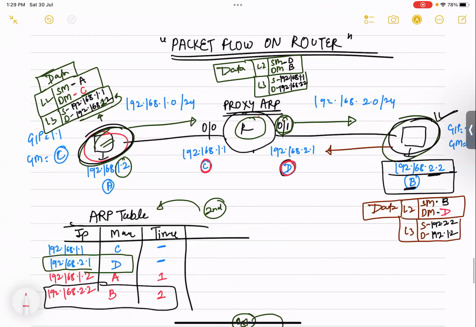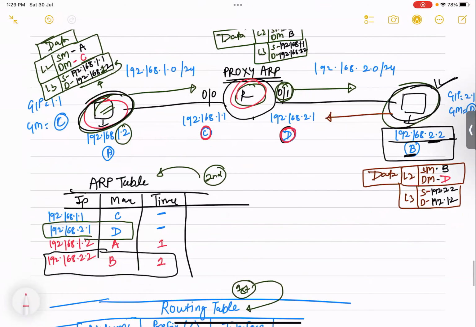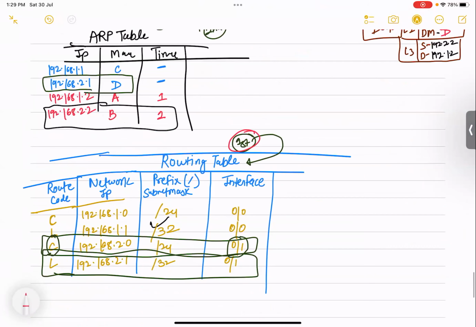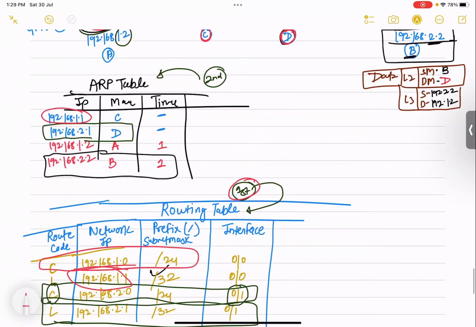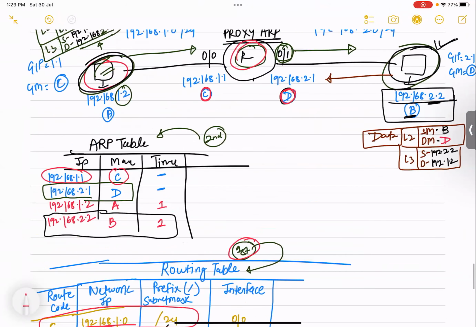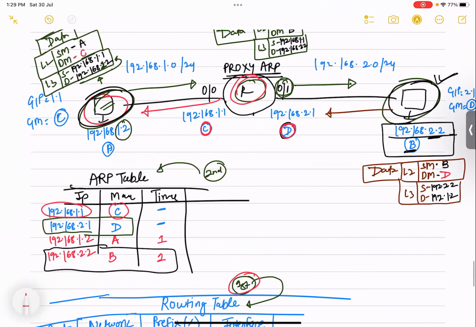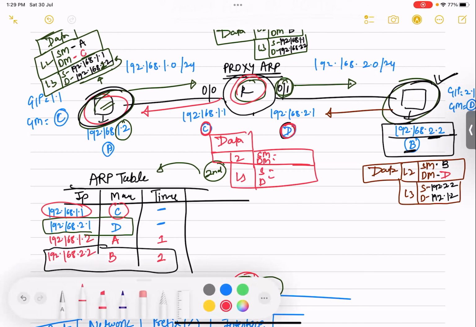Whenever the router receives it, it again looks up the routing table first. It will forward; 1.2 is available with the 1.1 IP. Inside the ARP table, 1.1 is available with MAC C. Whenever the router forwards via this interface, inside the data it puts layer 2 source MAC and destination MAC, and layer 3 source IP and destination IP.